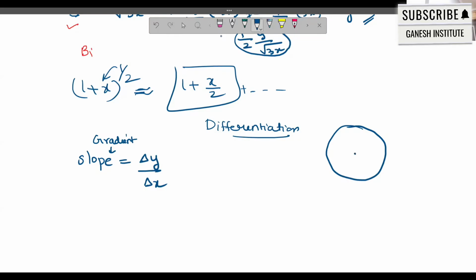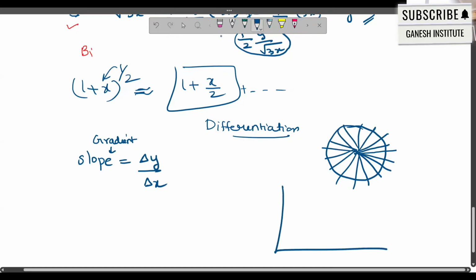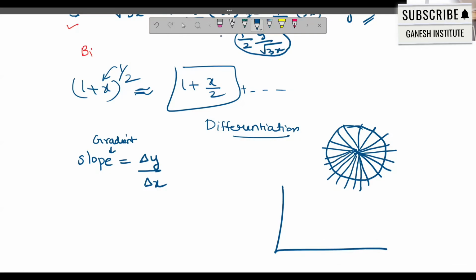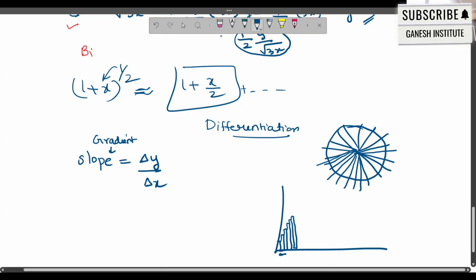I can divide it into an infinite number of parts, and if I divide them further into very, very small parts and arrange them as rectangular strips, this distance is a very, very small change in x, and this is change in y.